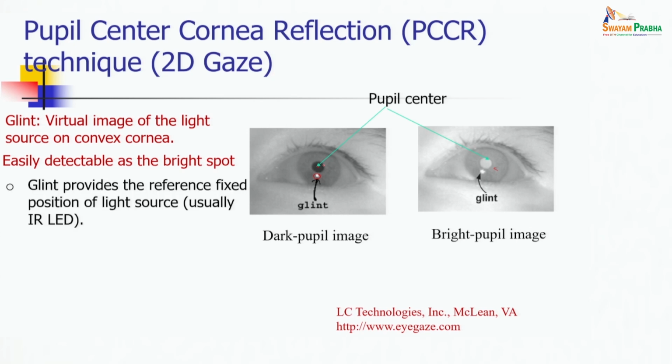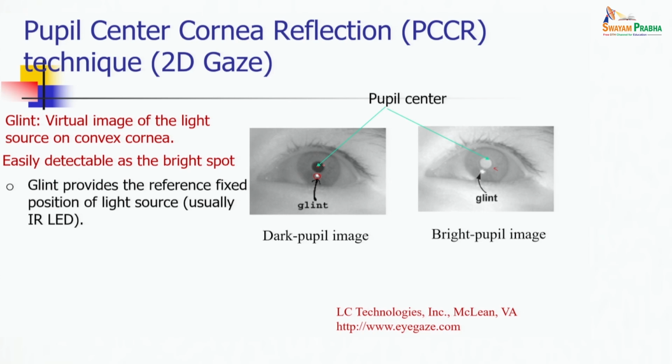The glint provides the reference fixed position of the light source, because in the setup the light source is fixed, and we assume that the viewer is also stationary. So it has a fixed position.